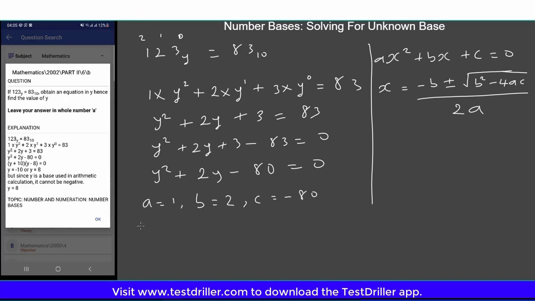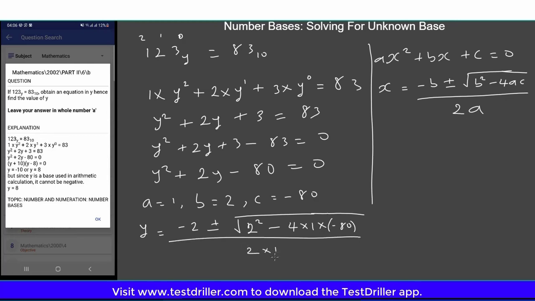So we can use this quadratic formula to determine the value of y as follows. So we have minus b, which is minus 2, plus or minus square root of b squared, which is 2 raised to the power of 2, then minus 4 times a, which is 1, times c. c is minus 80, right? Then everything divided by 2 times a, which is 2 times 1. So if you simplify this further, you're going to get y as minus 2 plus or minus.